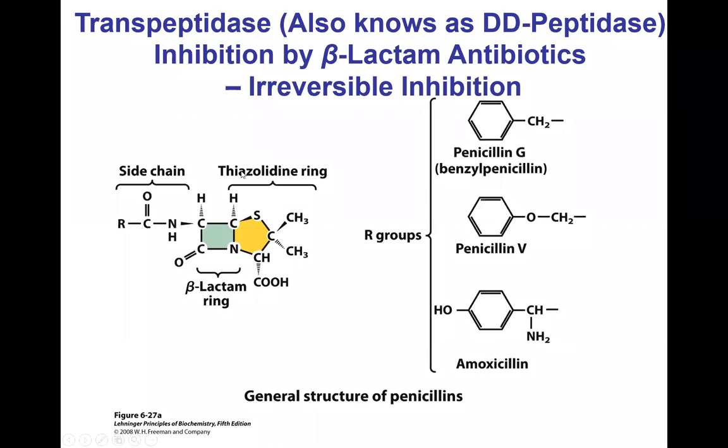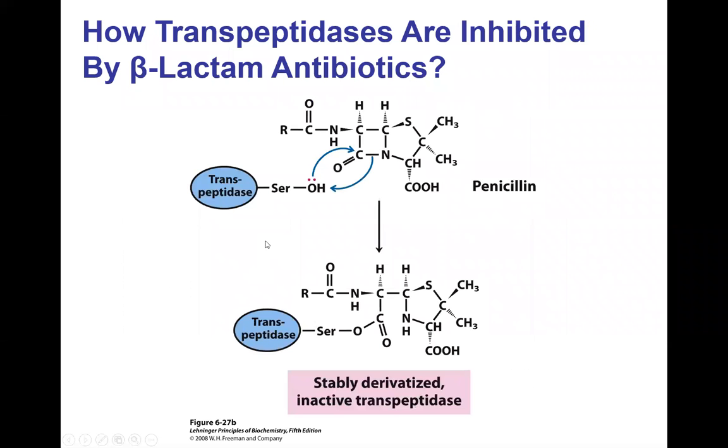So what was the target for the penicillin that he discovered? It turns out that the transpeptidase enzymes of bacteria, also known as DD-peptidases, were the target of this molecule, penicillin. So how does transpeptidase get inhibited? Remember, transpeptidases have a serine hydroxyl group, as I just showed you. As soon as you throw penicillin at those bacteria, transpeptidase will think that it is a substrate. I can't go into that because this is my PhD work.